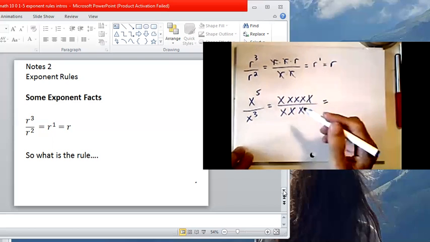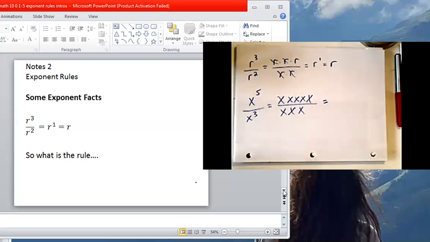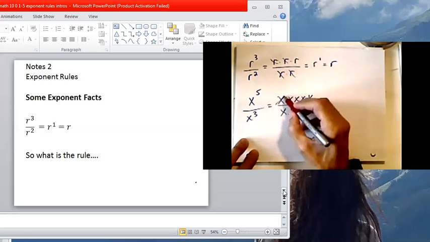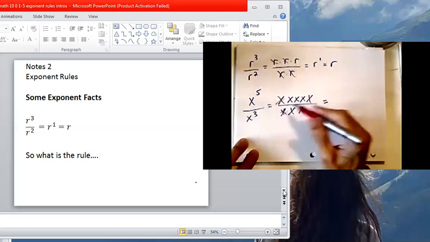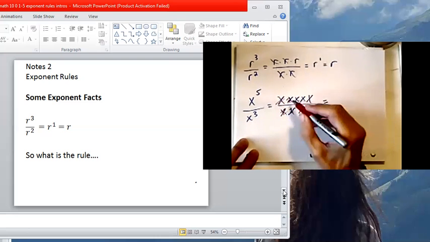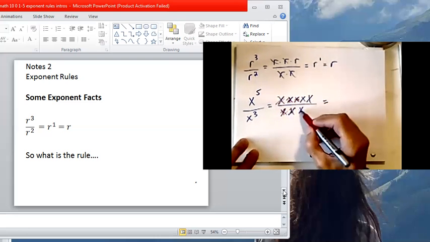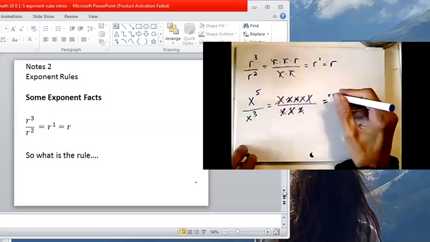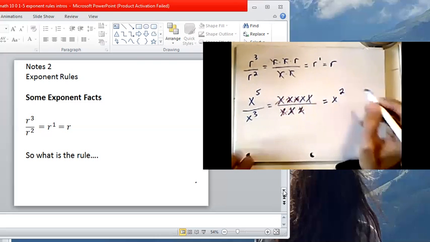So in the very same way, we can divide. x divided by x, gone. x divided by x, gone. x divided by x, gone. Nice, you beat me to it. We're left with x times x, which is x squared.